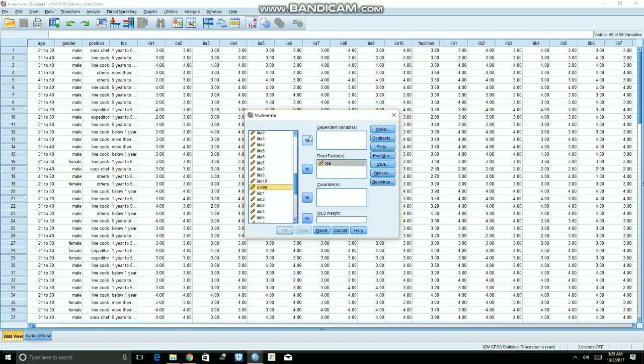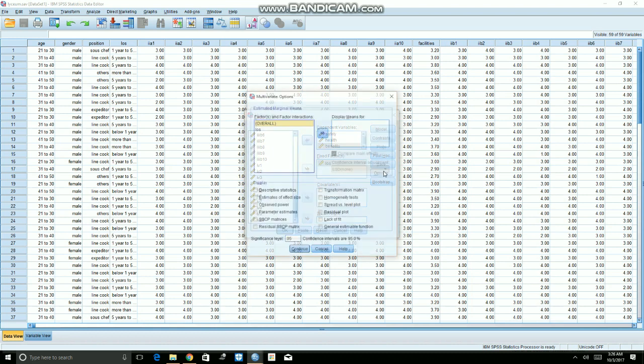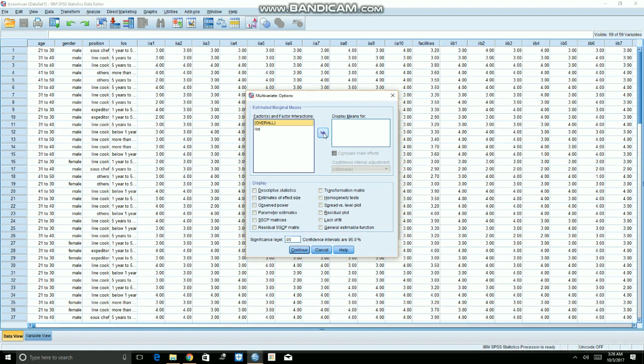Select safety and enter it as dependent, health as dependent also, and lastly benefits as a dependent variable. We have options. Click length of service to display means for overall.